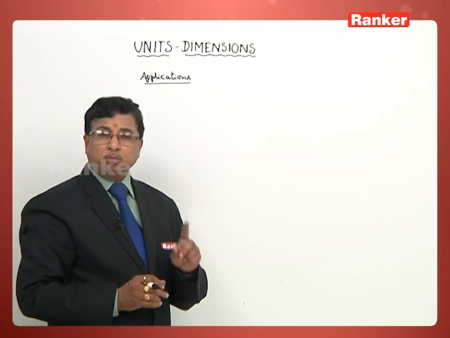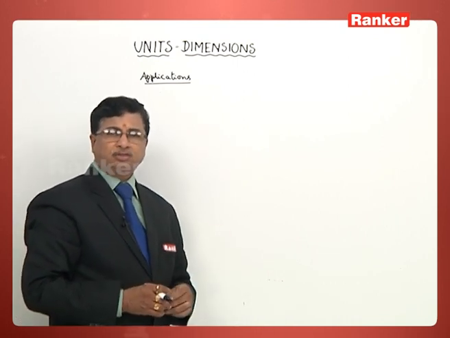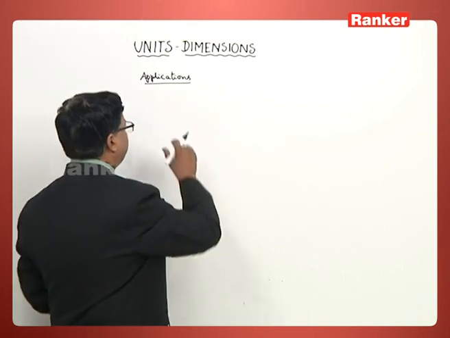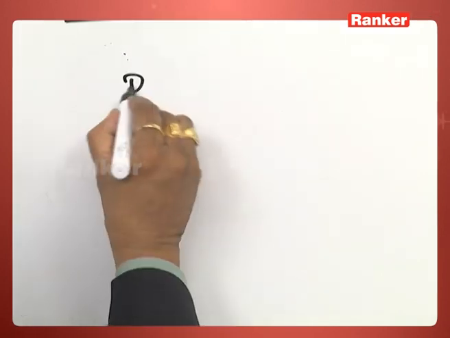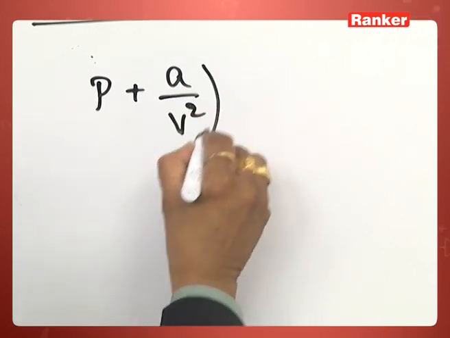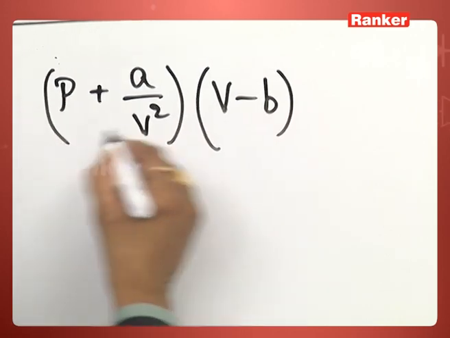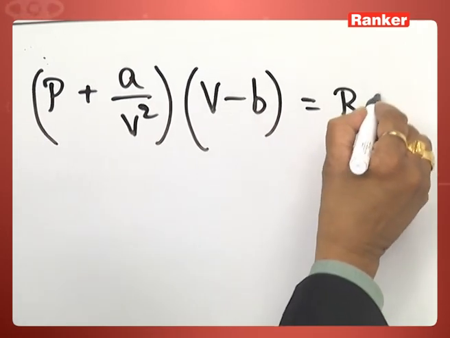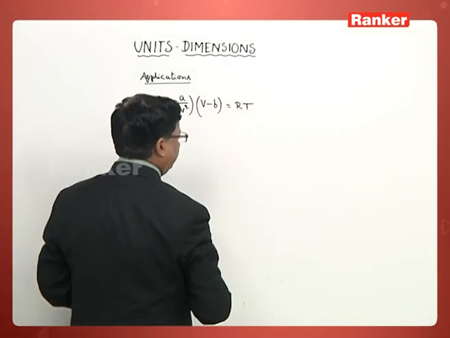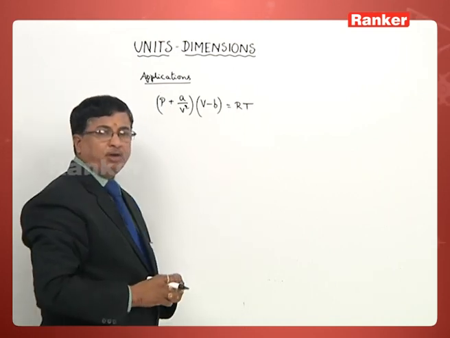Let us take one more example based on the same model. This time I want to mention an equation this way: P plus A by V square into V minus B is equal to RT. If you recollect, this is what we call the Van der Waals equation.